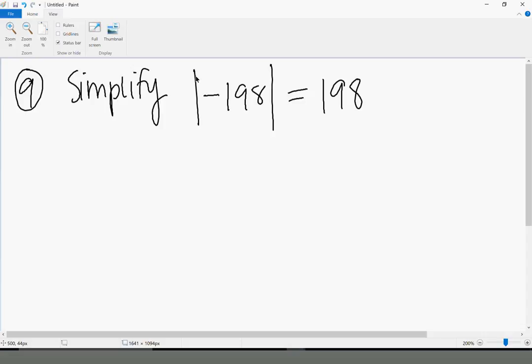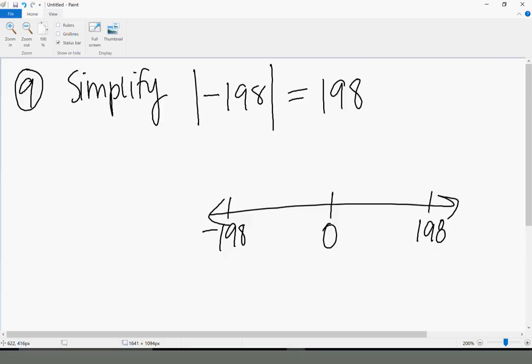So remember that the absolute value, these two lines on the outside, represents the distance that number is from 0 on a number line. So if we have a number line, here's 0. If positive 198 is to the right, that means that negative 198 is to the left of the same distance.